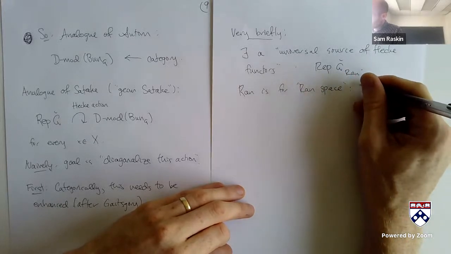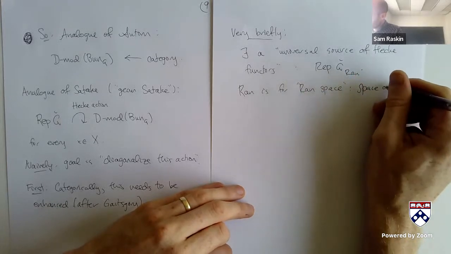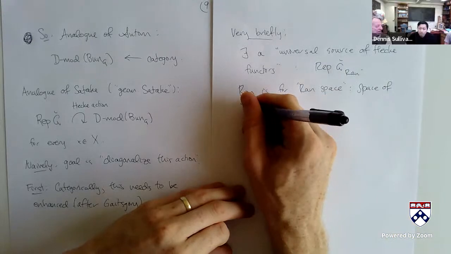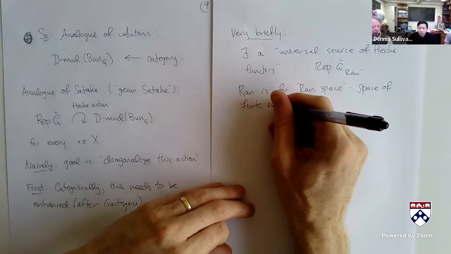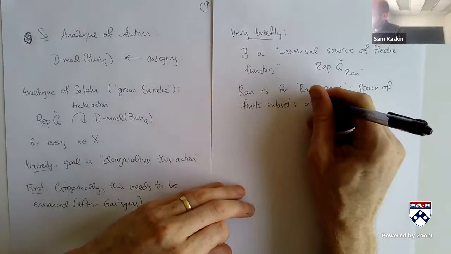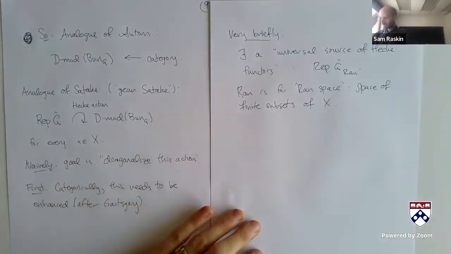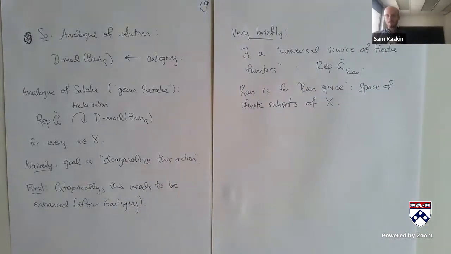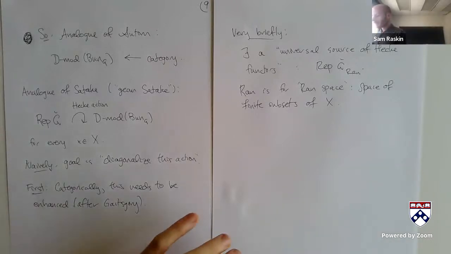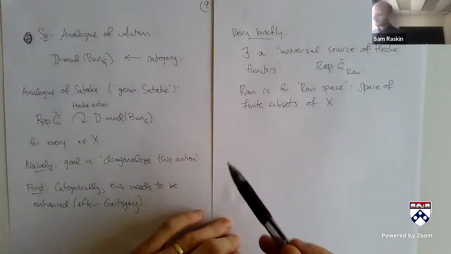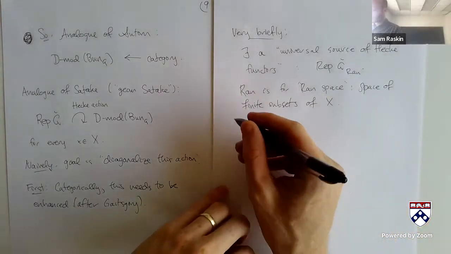This is the space of finite subsets of this X. It appears in quantum field theory, and that's as far as I understand where it was first really considered. Maybe I'm wrong about that, but it plays a big role these days. But that's what it's doing.